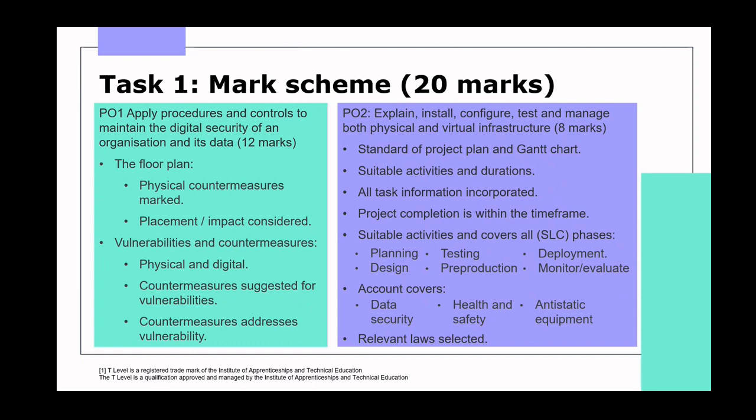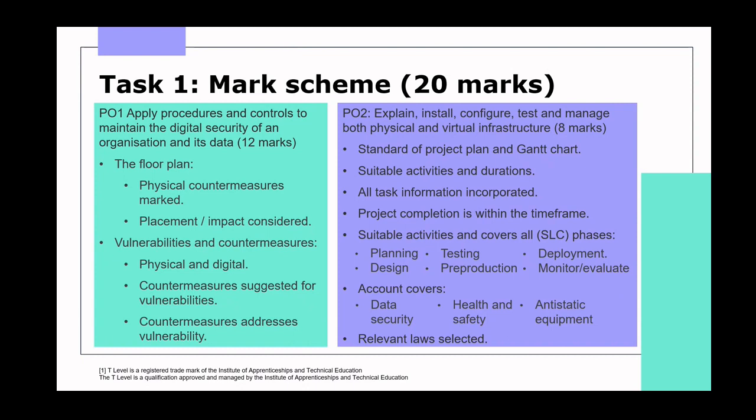And they should show quite good thought for where they've actually placed them and the impact that placement would have. So marking CCTV cameras, for example, and then the justifications, such as the placement will capture everyone who enters or leaves the building. So given those justifications.